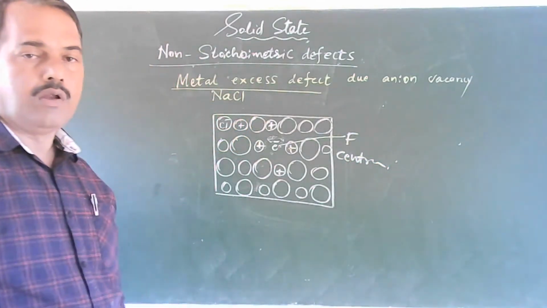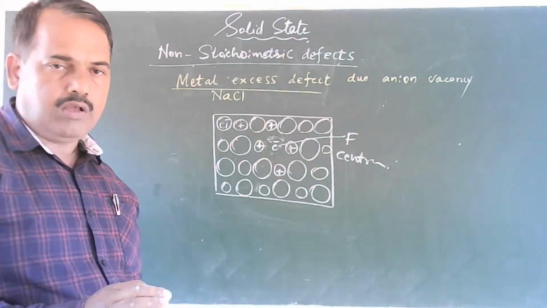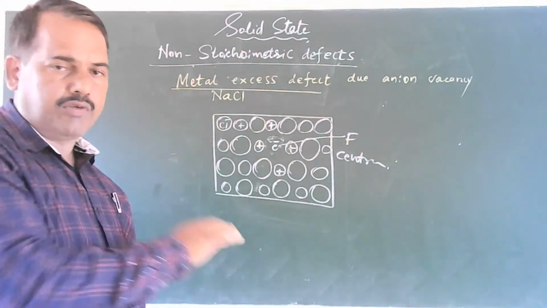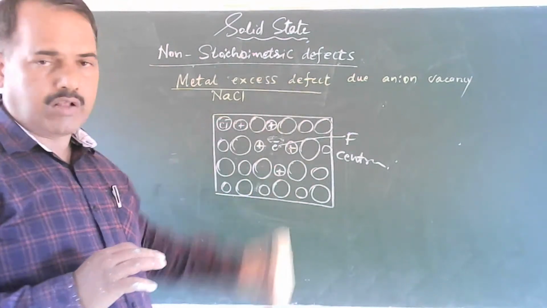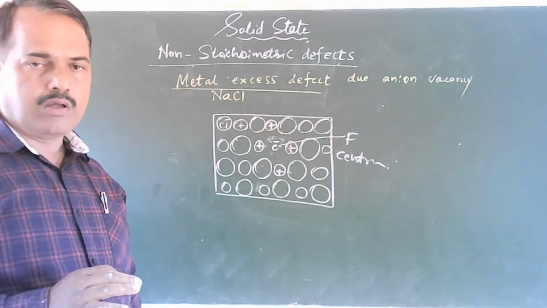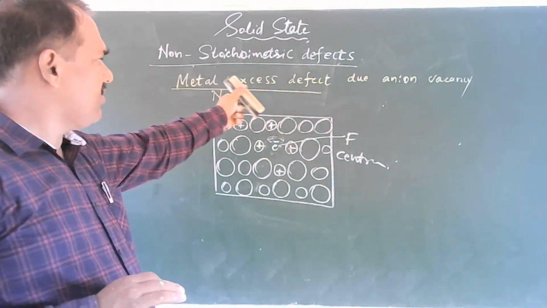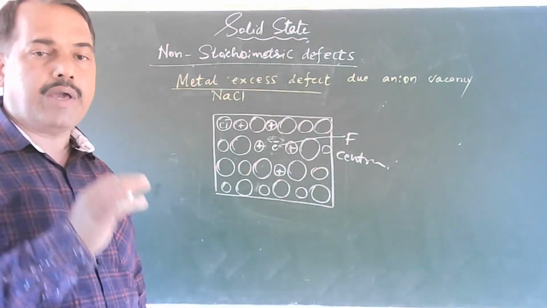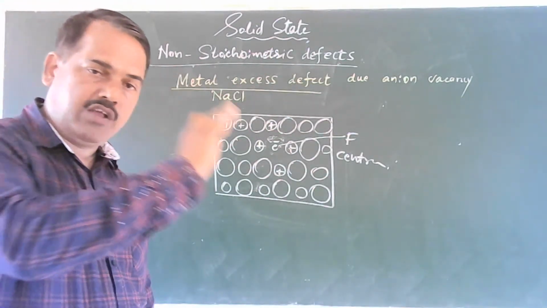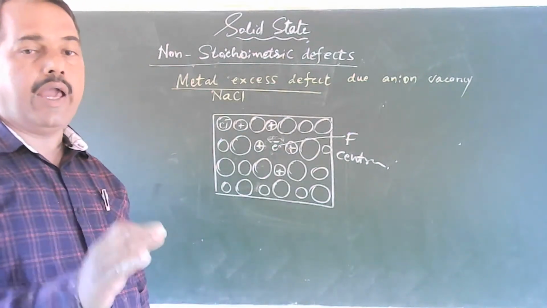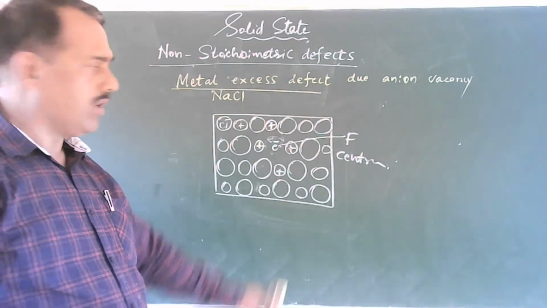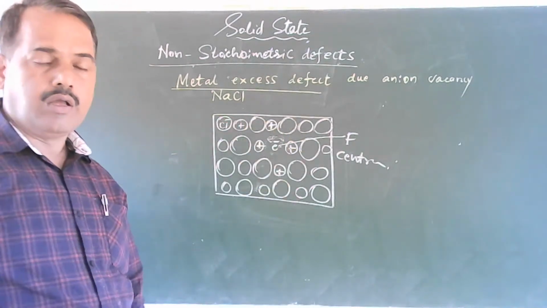Define F center. In a metal excess, anionic vacancy defect, the unpaired electron occupies an anionic center. It is called the F center.